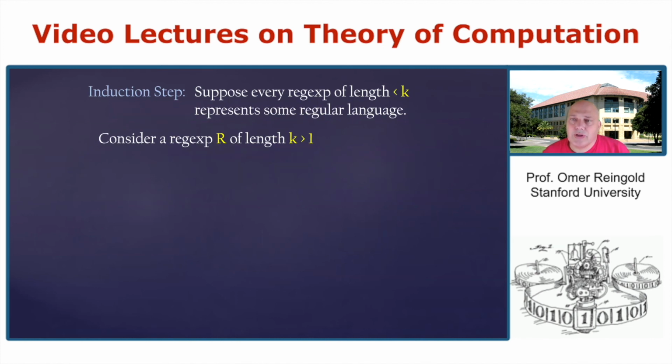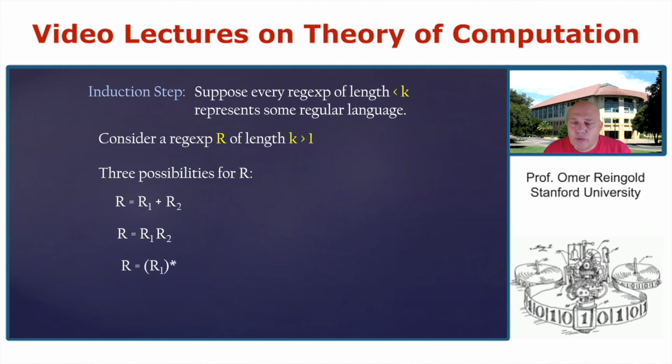And therefore, we will look at the three operations, get shorter regular expressions, and use the induction hypothesis for them. So there are three possibilities for R. It can be R1 plus R2, R1 times R2, or R1 star. Every regular expression whose length is larger than 1 has one of these forms.